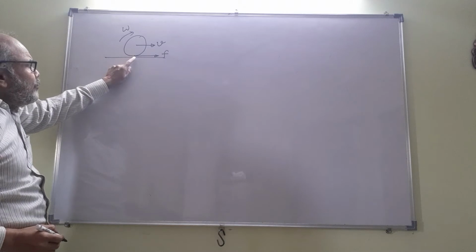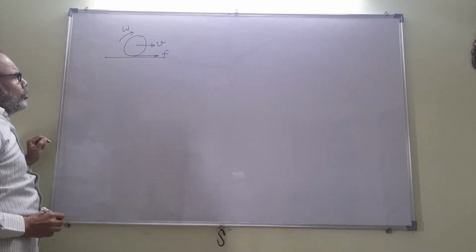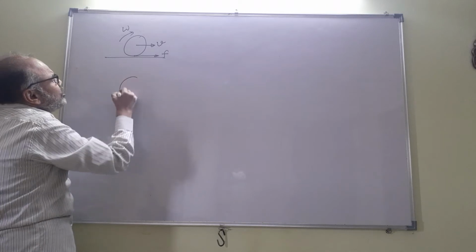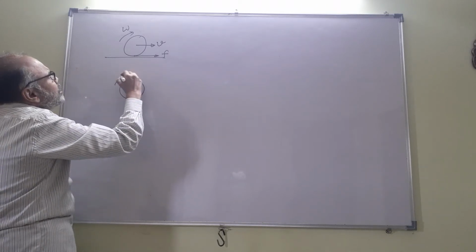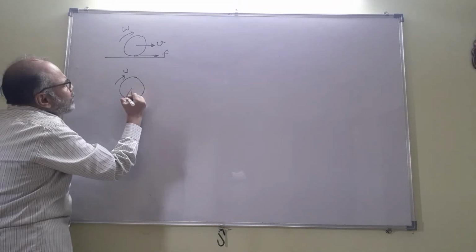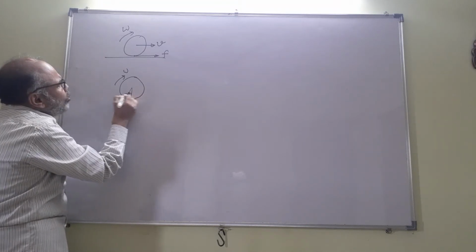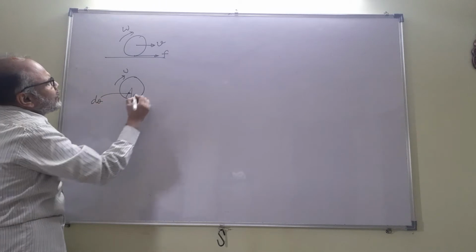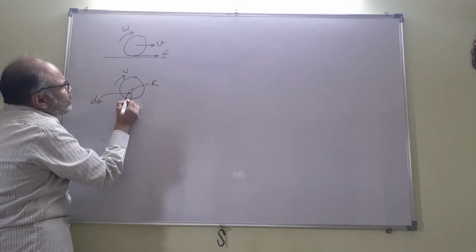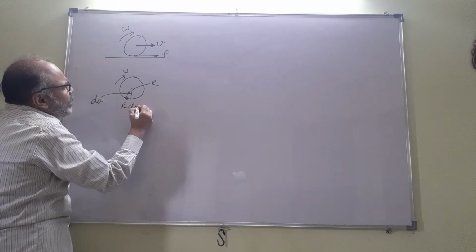Force dot product of the frictional force and the displacement of the point of contact. Let us see how we can find the displacement of the point of contact. First of all, let us consider only the rotation. If you consider only the rotation, let this point move by a small angle d theta. Let the radius of the disc be r. So this would be r d theta.